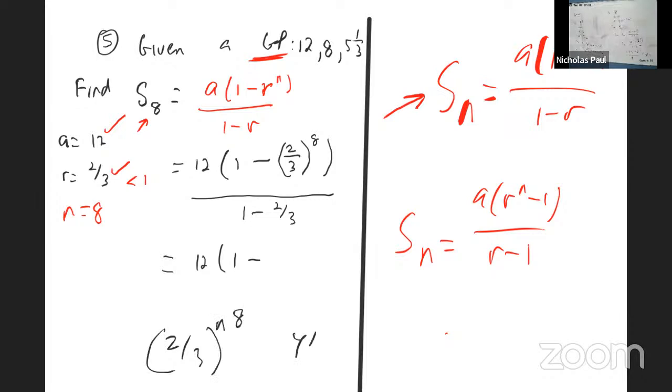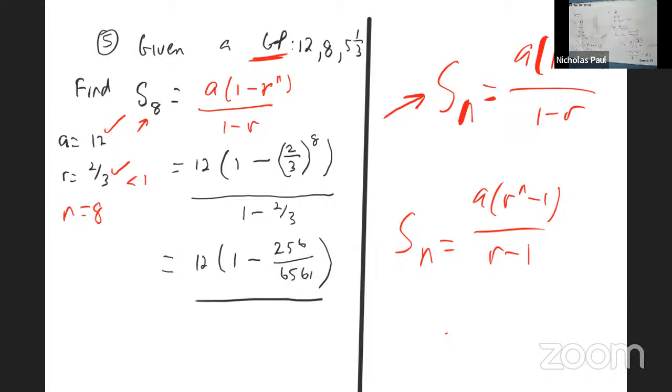That's right, 256 over 6561. Good. All over 1 minus 2/3, which is 1/3.